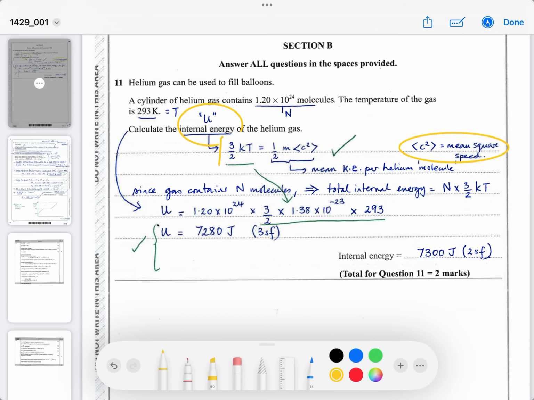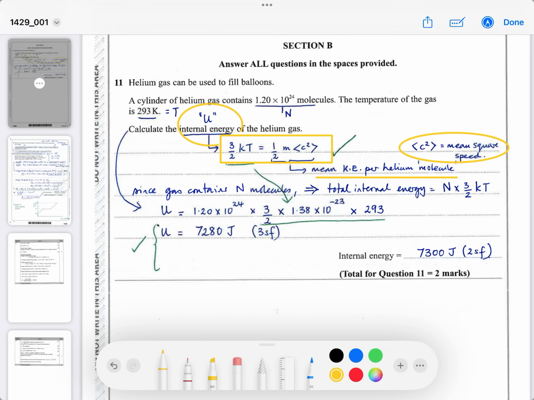It is on the formula sheet. So the mean kinetic energy of the gas is equal to 3/2 kT. kT, like a girl's name. The mean kinetic energy is per molecule, obviously. So it's the average molecule's kinetic energy, half mc squared.